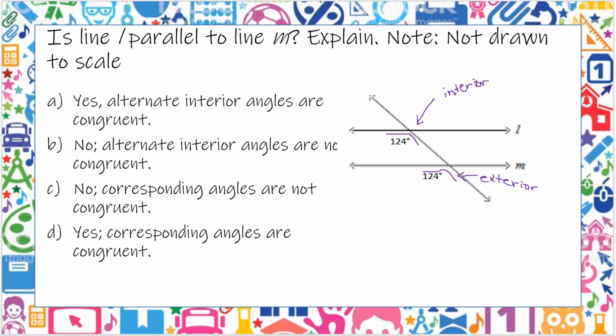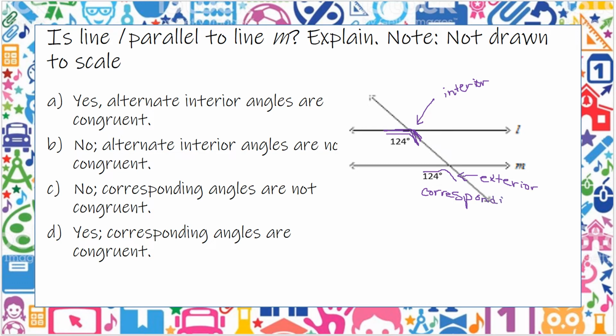Well, this 124 at the top is in the bottom left-hand side of line L, and line M's 124 is also on the bottom left-hand side, so those would be corresponding, which means that they are congruent.